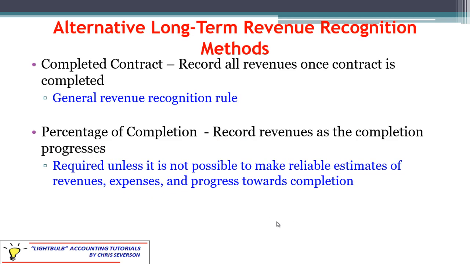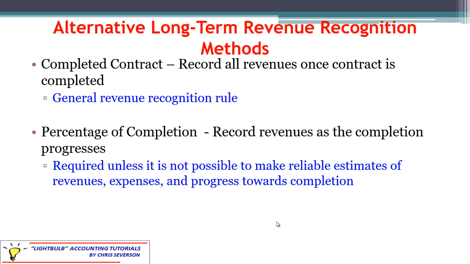But before we get too much further into the percentage of completion method, I do want to talk just briefly about some alternatives depending on the situation. So as I mentioned at the beginning, the base model is the completed contract method, and that's when we record all revenues once the contract is 100% complete. Most companies use that, certainly short-term revenue generating companies that sell short-term projects or just deliver a product altogether, they use the completed contract method.